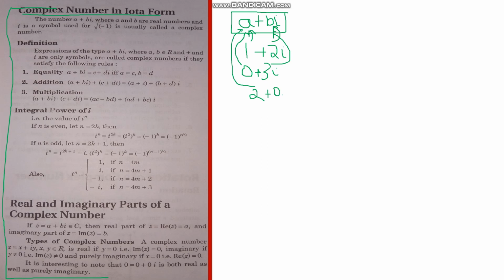There is no restriction on b in complex numbers, so all possible types of numbers are complex numbers. While for an imaginary number, there is a condition that b is not equal to 0. This is a misconception for many, so I told this first.